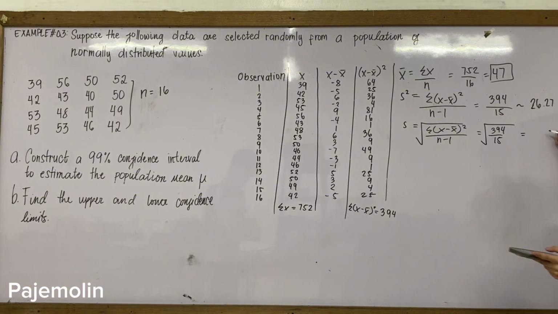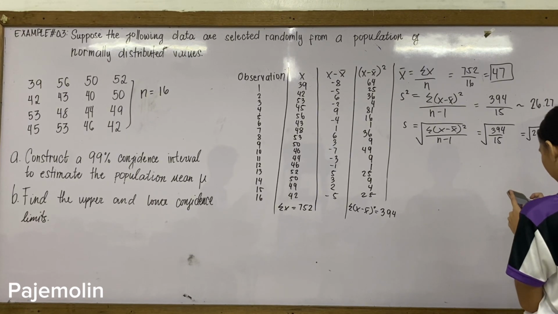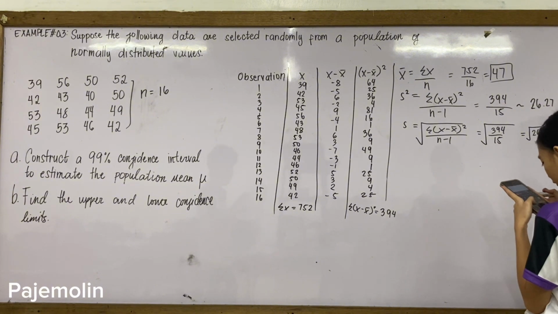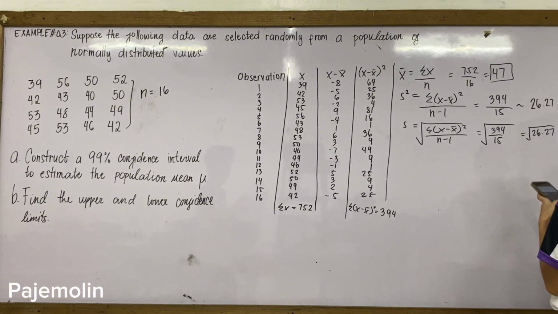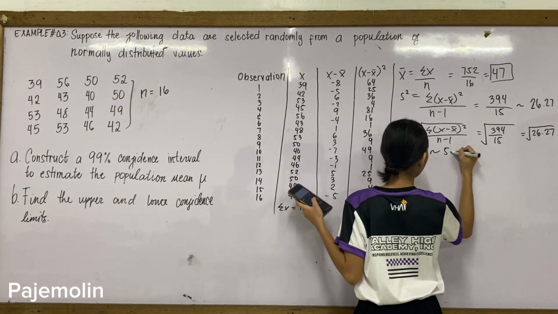So we need to get the square root of 26.27. We have approximately 5.2.